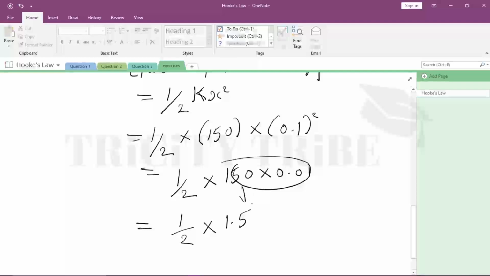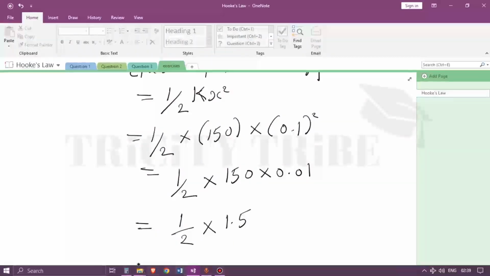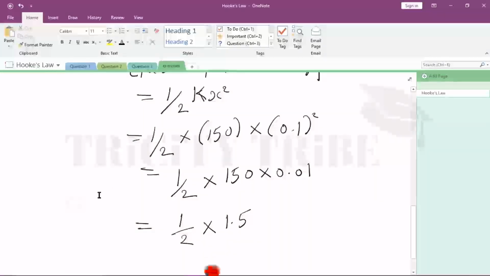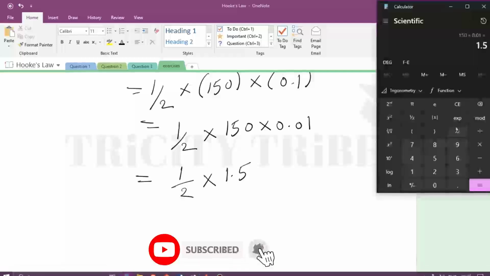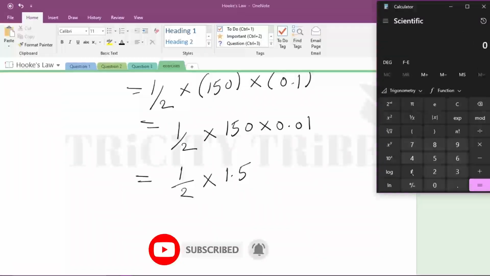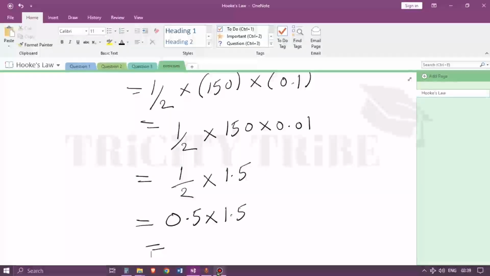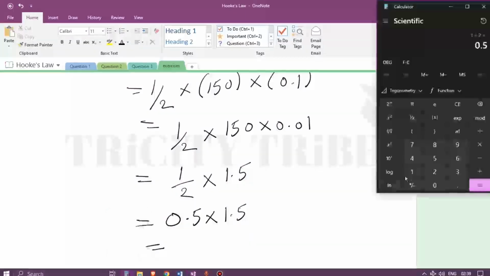Now the next thing on our list is to multiply 1 over 2 times 1.5. Of course, I could solve this without the calculator, but just to make it easy for others as well, everything has to be simplified. Let's check it out.